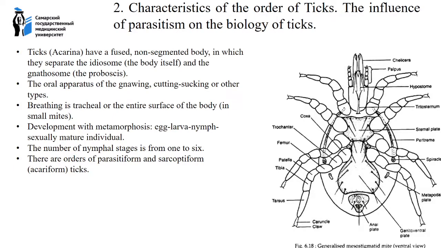The number of nymphal stages is from 1 to 6. There are orders of parasitiform and acariform ticks.